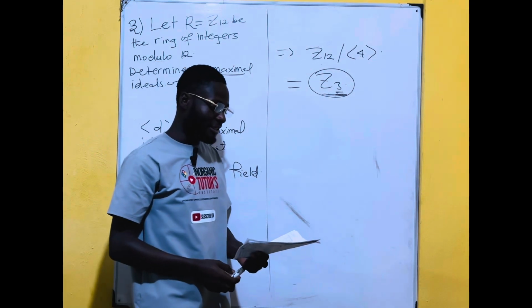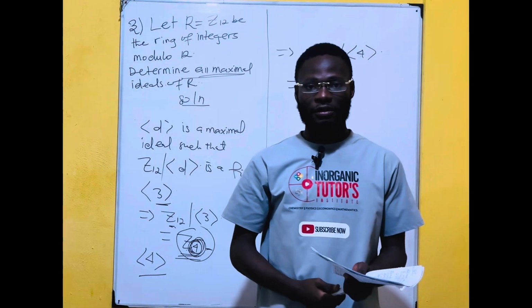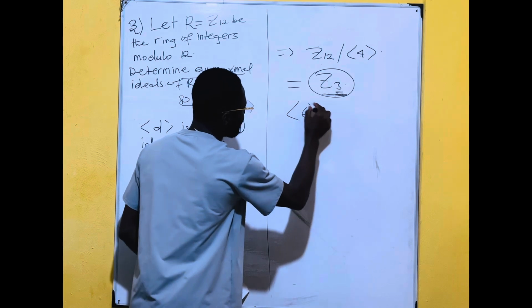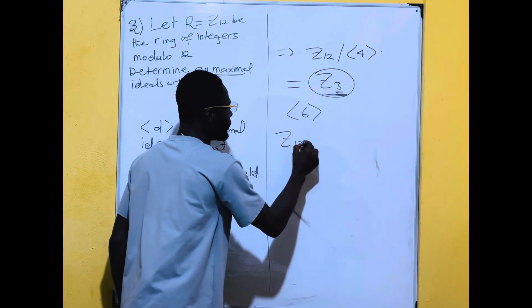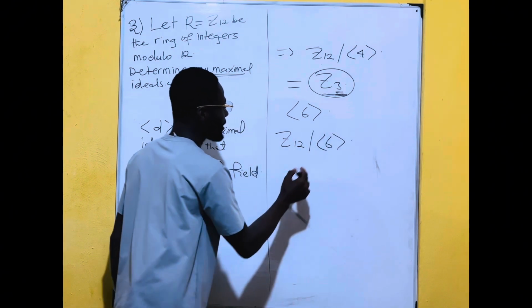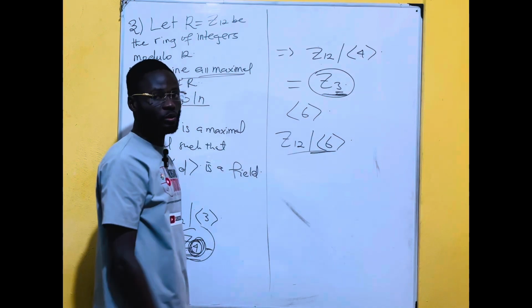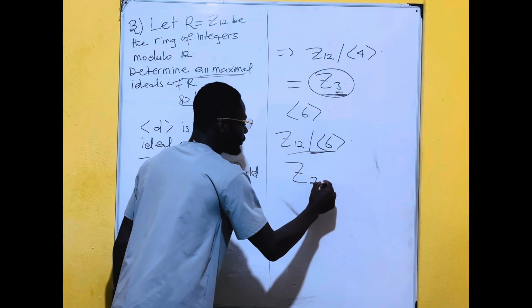Now let's check the 6. The ideal (6) means that you have Z12 modulo (6), and 6 goes into 12 two times, so you have Z2.